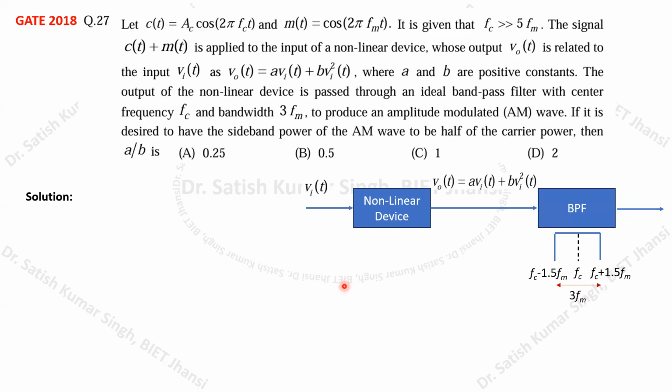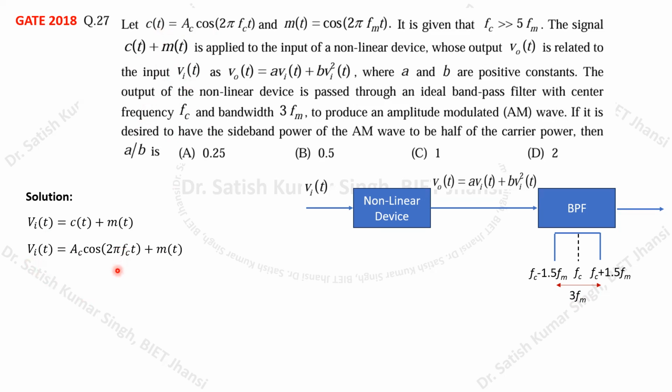Now just try to see this V_in; we have to apply it as c(t) + m(t). So here we can write V_in(t) = c(t) + m(t), and now we can substitute for the c(t) value. So V_in(t) = Ac cos 2πfct + m(t).